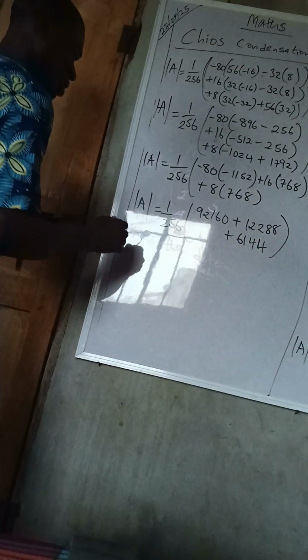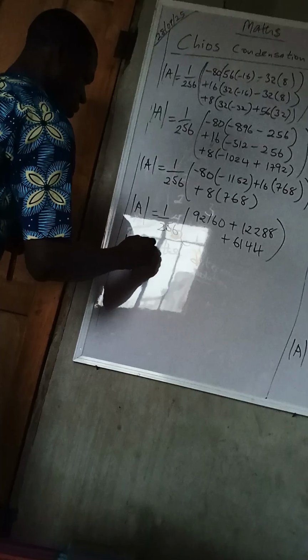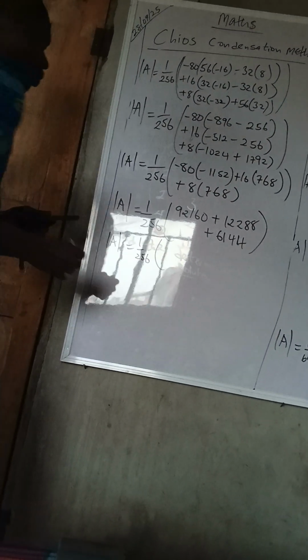So on adding everything together, our determinant is 1 over 256 into, let's add everything all together.